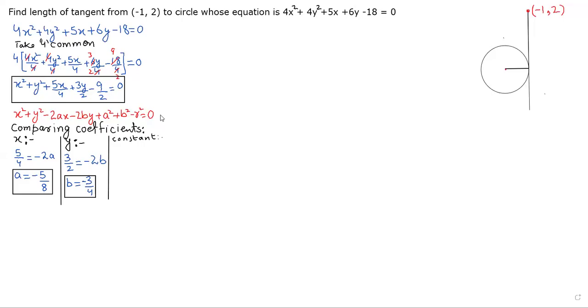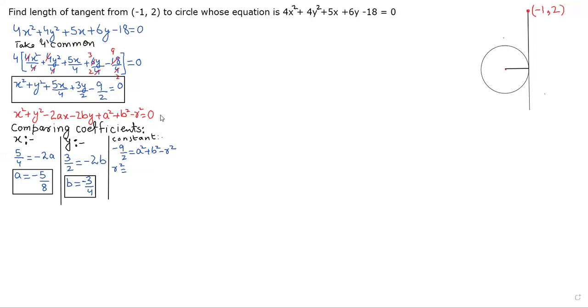The constant is minus 9 upon 2. The only term without any variable is minus 9 upon 2, and in the red equation it is a square plus b square minus r square. So shifting minus r square over here, it will become plus r square.